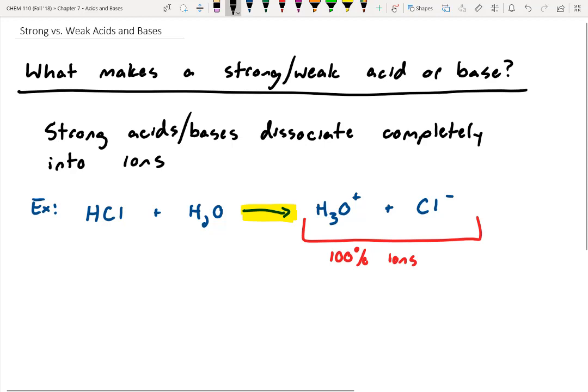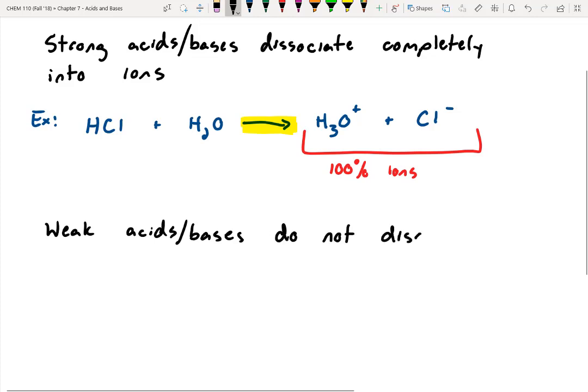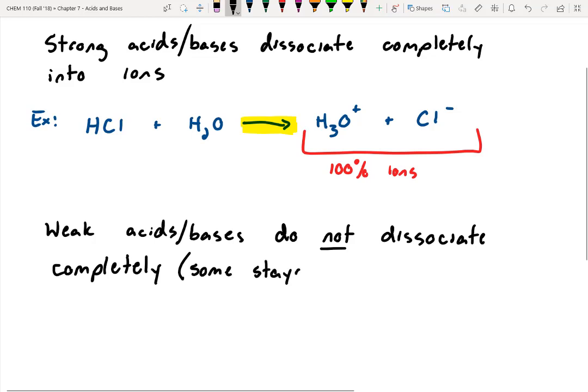All right? Weak acids and bases are a little bit different. They do not dissociate completely, meaning that some stays as starting material.